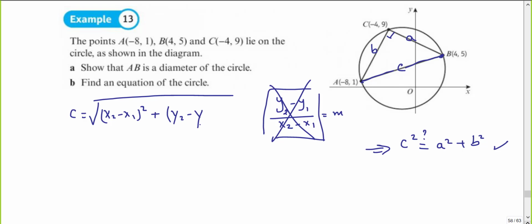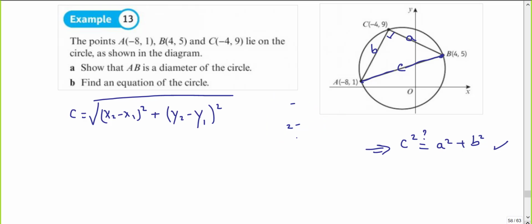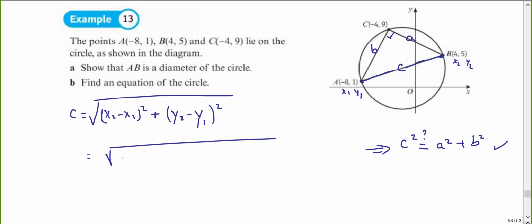Okay, type. Now, this is x1, y1, x2, y2. So this is 4 minus 8, that's 12 squared, plus y2, that's 5 minus 1, squared.